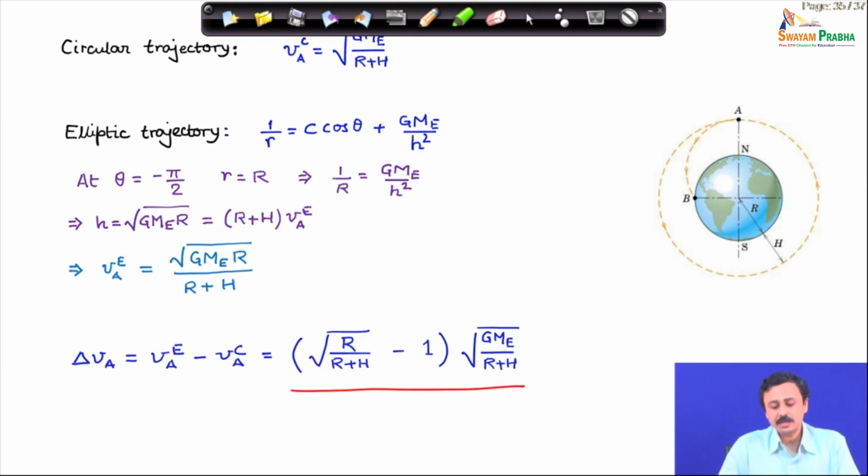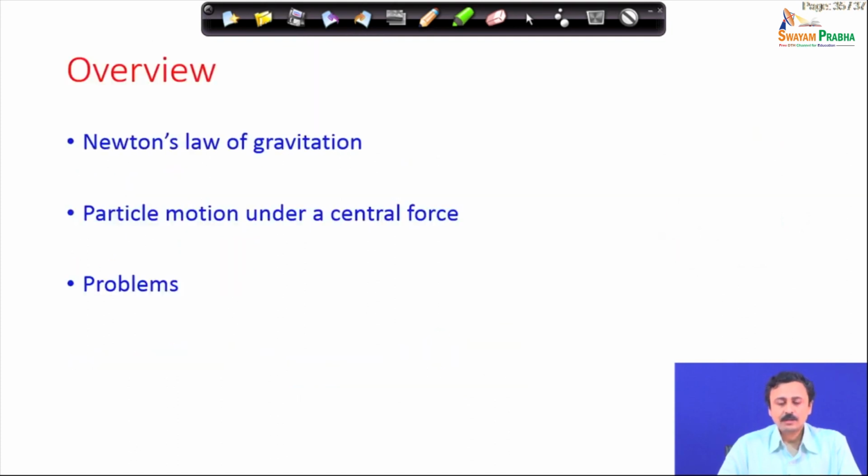Delta V is the velocity on the elliptic path at A minus the velocity on the circular path at A. Obviously, this is going to be a negative quantity, because it is a reduction in velocity, and that expression is given here. So, that completes the solution of this problem.